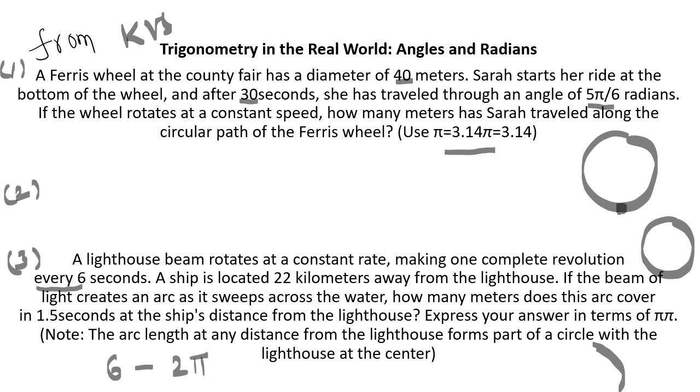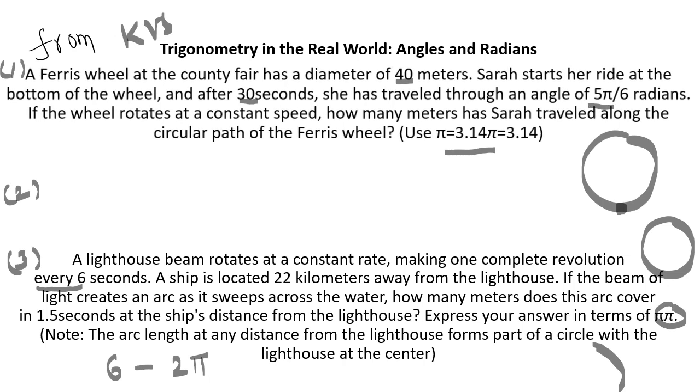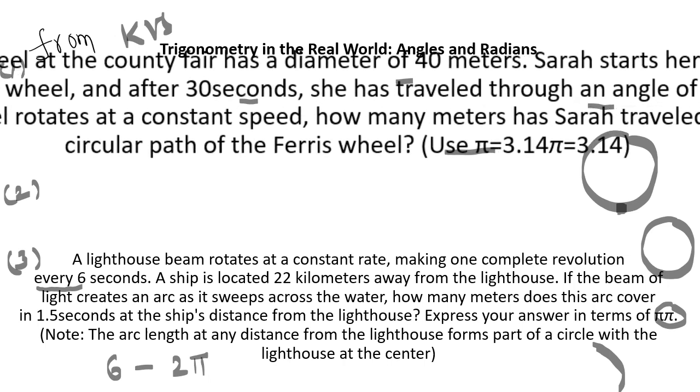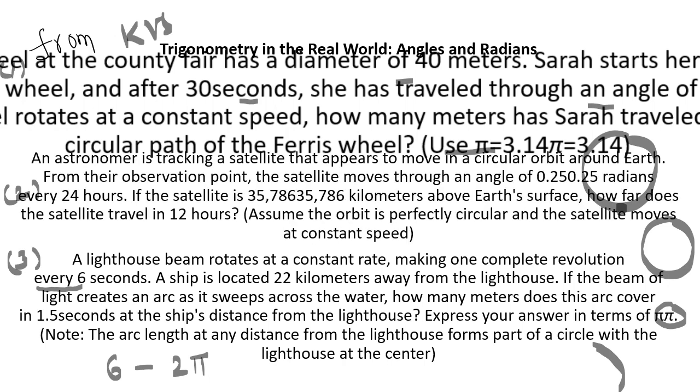Express your answer in terms of pi, in terms of radians. So these are the three interesting questions based on radians and degrees. This is question number 1, and this is question number 2.